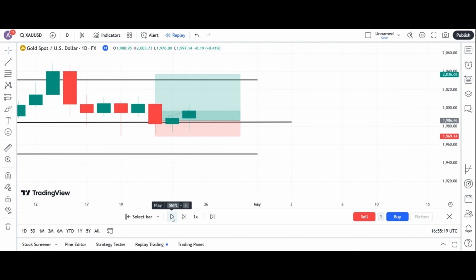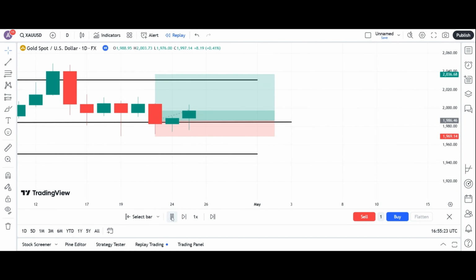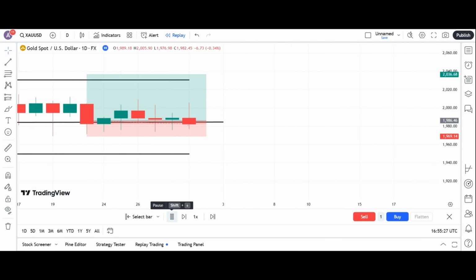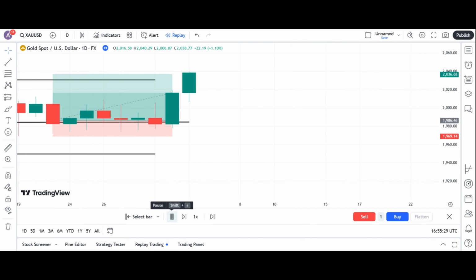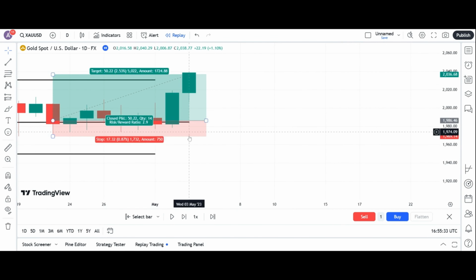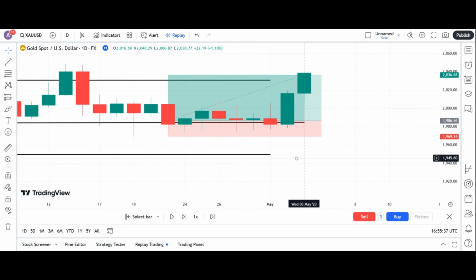And we can see that in the next days the price tended to go higher, as you can see, and our prediction based on candle range theory was 100% accurate.